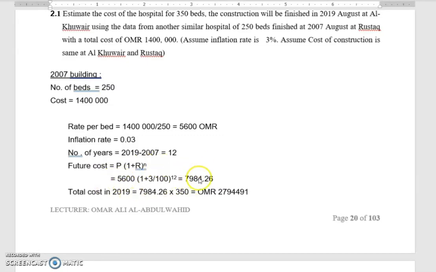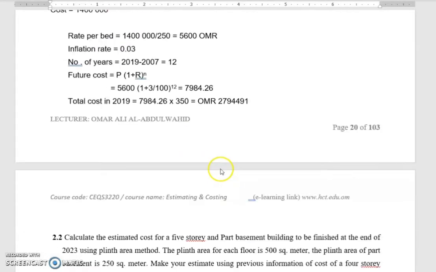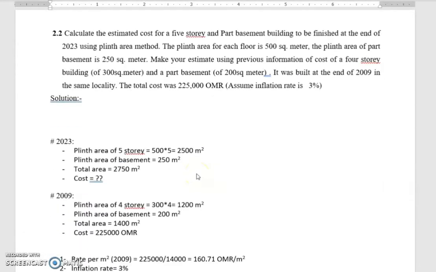See the difference in cost: this is more expensive than the first one, which was the price in 2007. After inflation of 3% each year, it has become this number, so it's more expensive now. For the total cost in 2019, we take the cost of one bed in 2019 times 350 beds, and this will be the amount of the hospital in 2019.